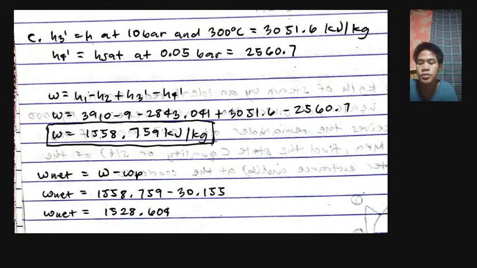Getting the value for H3 and H4. The formula for that is W equals H1 minus H2 plus H3 minus H4.